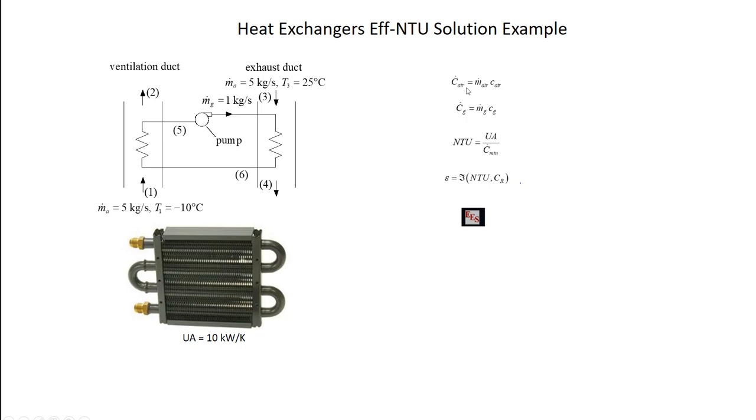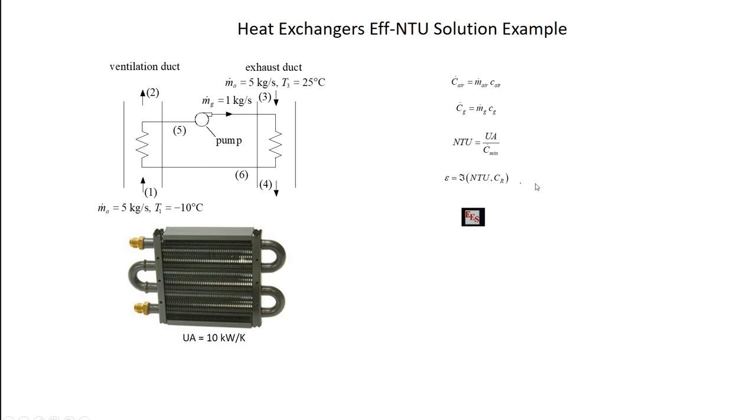So let's see, the capacitance rate of the air is just the mass flow rate of the air times the specific heat capacity of the air. The capacitance rate of the glycol solution is the mass flow rate of the glycol solution times its specific heat capacity. The number of transfer units of either of these two, it doesn't matter since they see the same flows, is the conductance divided by the minimum capacitance rate, so whichever one of these two things is minimum.